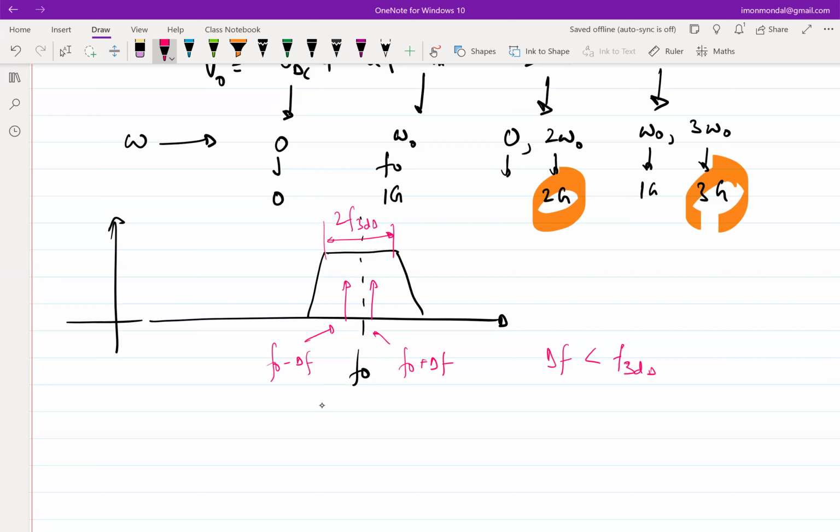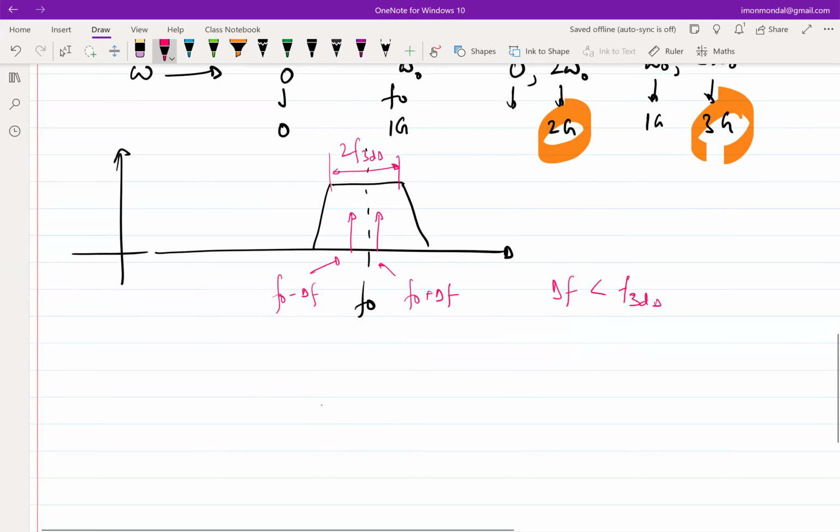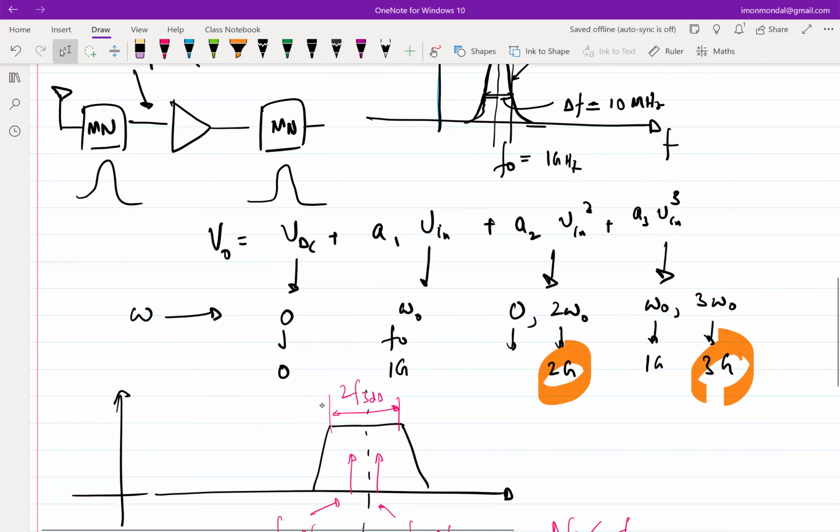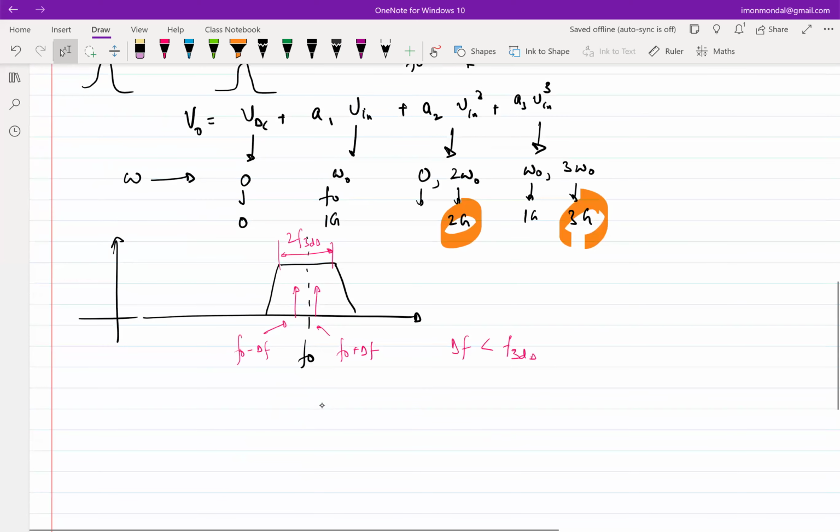Okay, so then what happens? So then we saw that there are, what happens is you go back to your trigonometric identities, and then obviously, so this expansion leads to outputs at f naught minus delta f and f naught plus delta f.